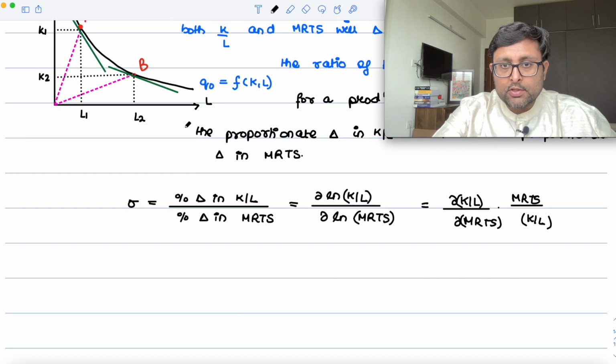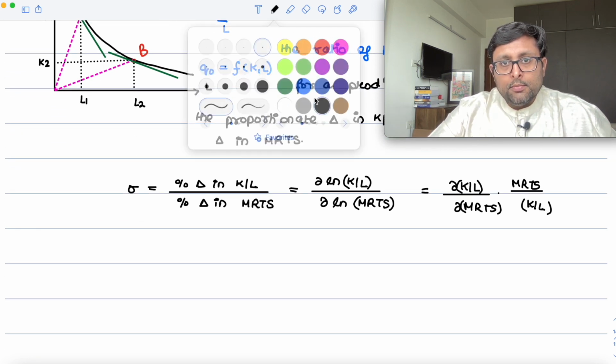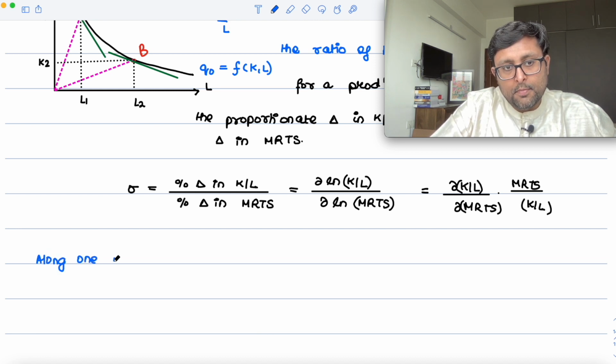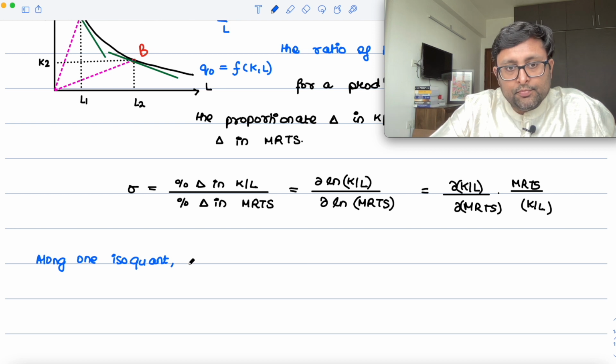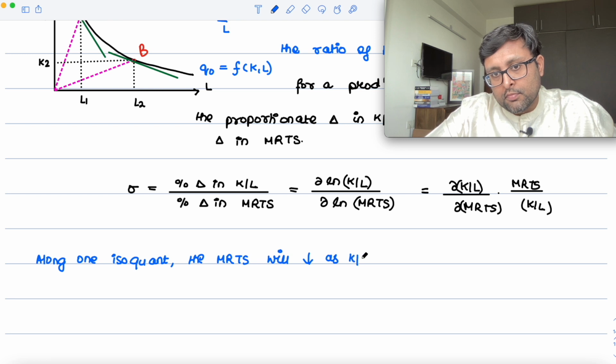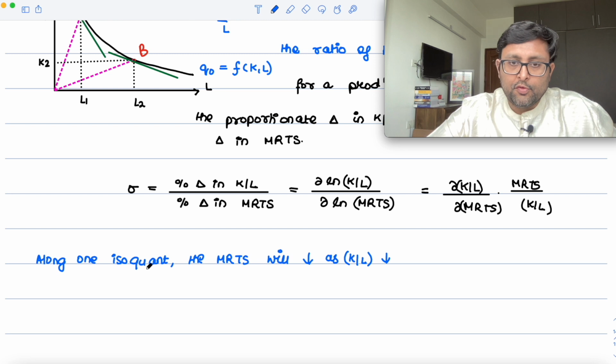So along one isoquant, the MRTS will decrease as the K by L ratio falls.